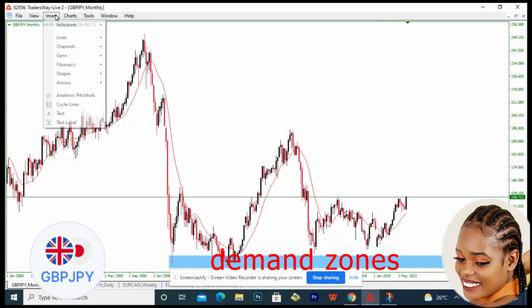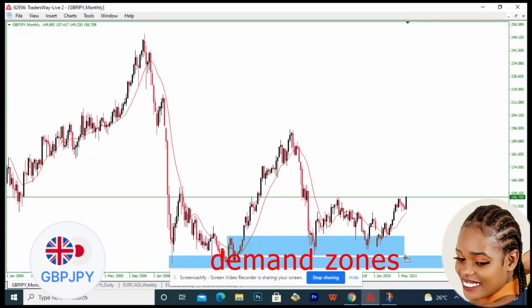Then I come again and draw another demand. I've seen another zone. According to me, when I'm looking at this zone, I'm trying to capture this.